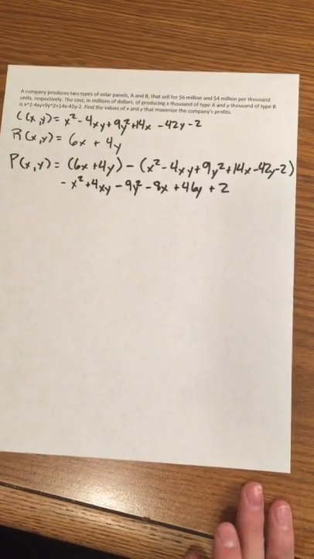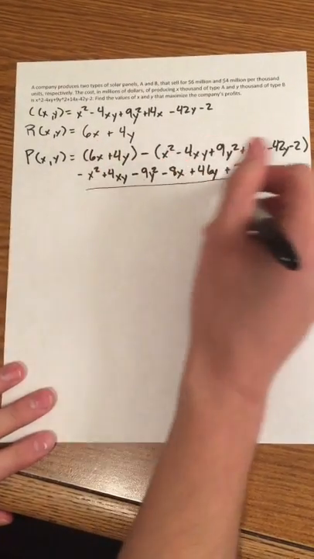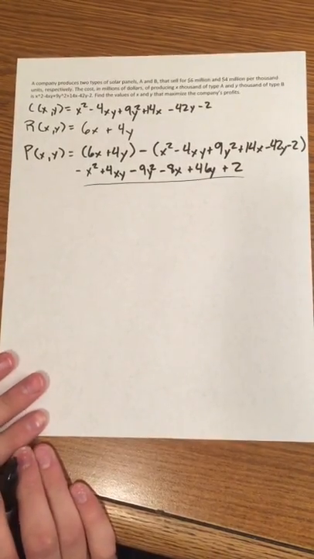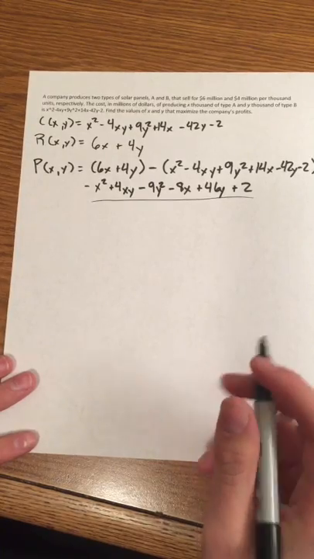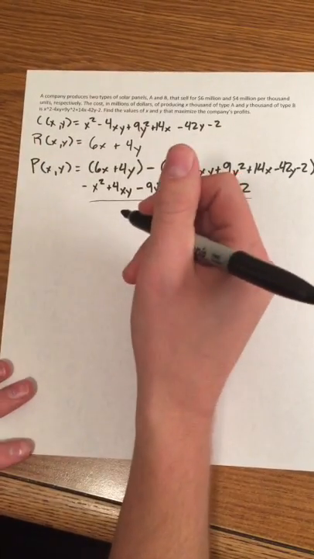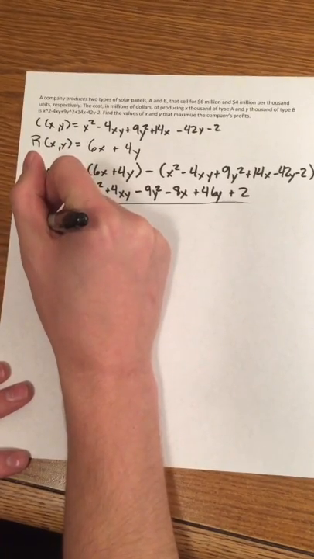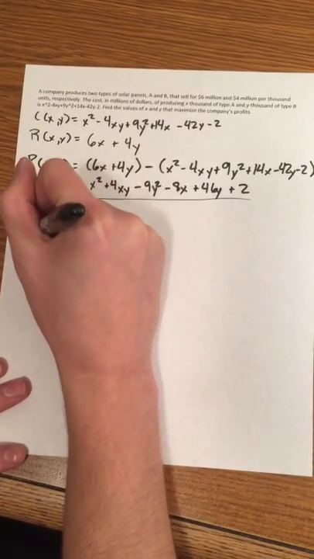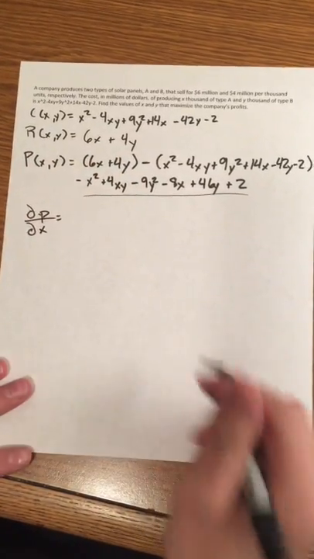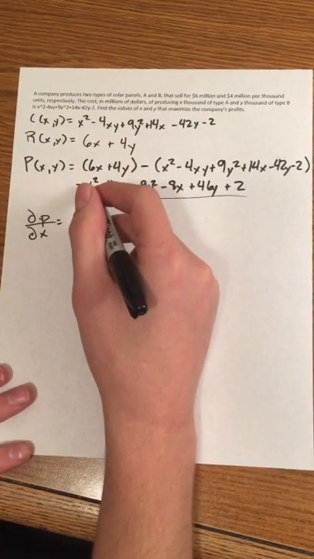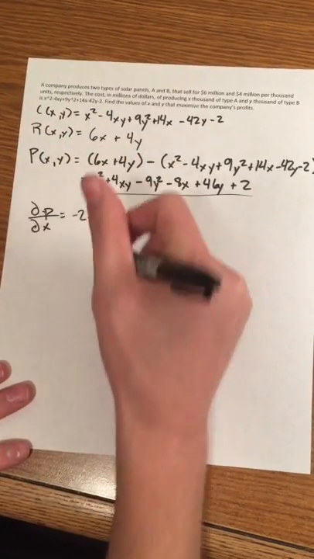So we're going to take the partial derivative of our profit function here. First, we're going to take the partial derivative with respect to x. We take the derivative of negative x squared, which becomes negative 2x.